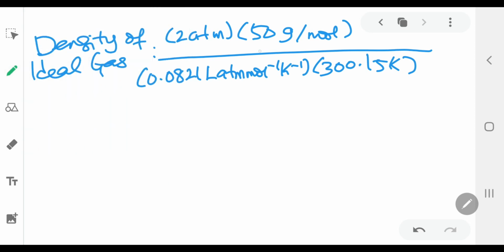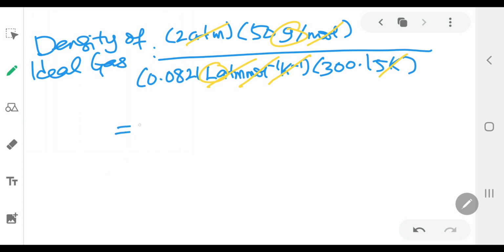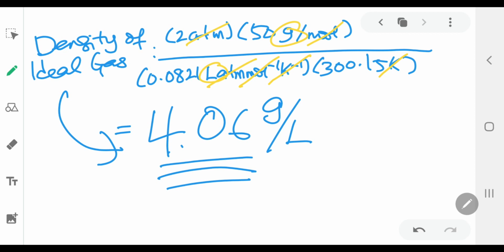Okay, so we can cancel out atmospheric pressure. We can cancel out mole. We can cancel out Kelvin. You get gram per liter. So what you get is somewhere around 4.06 gram per liter. That is the density of your ideal gas.